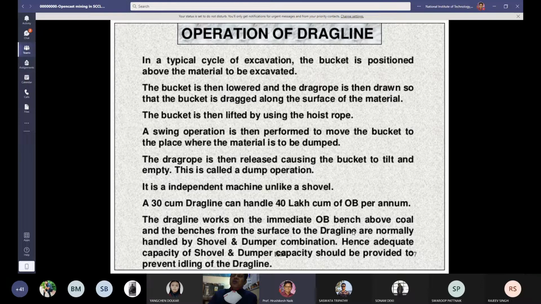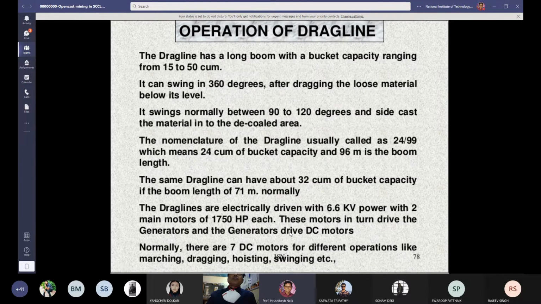Otherwise, if the shovel and dumper is a very small machine and the dragline is a very big machine, then they will not be compatible to each other. Dragline has to wait till the shovel dumper mining is finished. Therefore, you should have proper capacity of the shovel dumper to cope up with the dragline capacity.